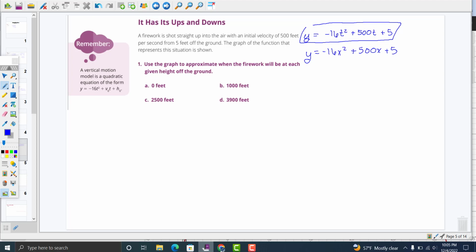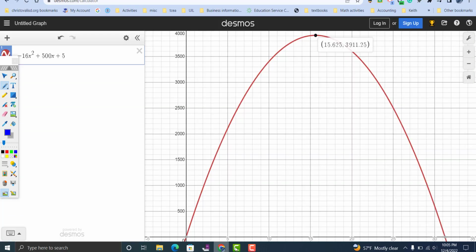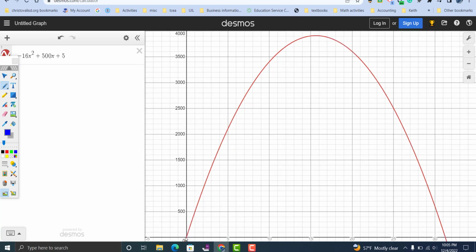So based upon my graph, I know it's there twice. I know it's there here. And you notice that my time at that spot is negative. Can I have a negative time on a projectile? No, because I can't have a negative time period.